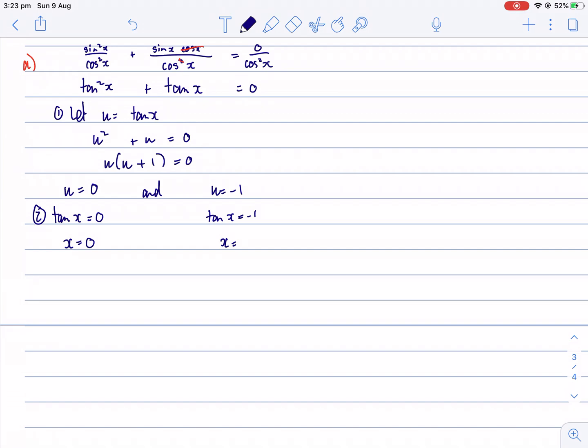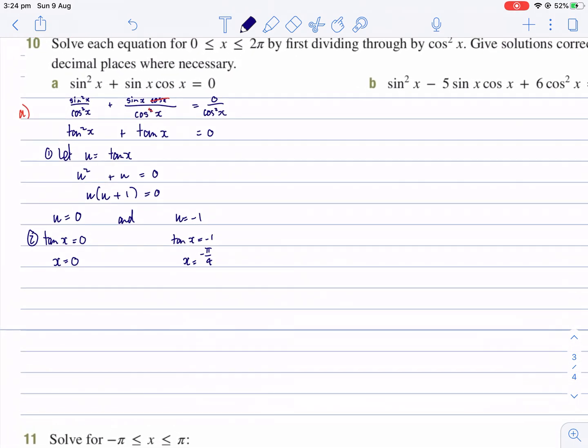Arctan negative 1, and that's negative pi on 4. Which is the same as 3 pi on 4.